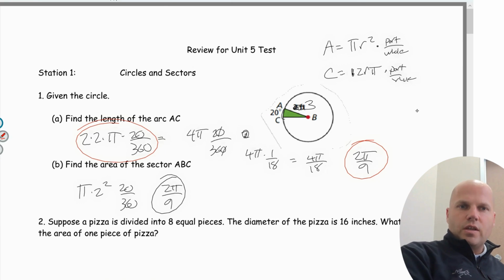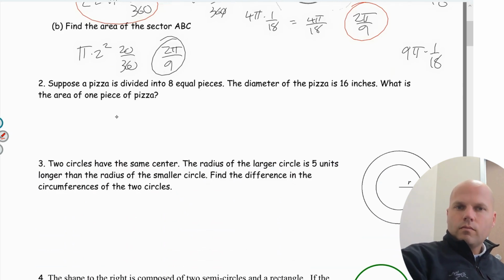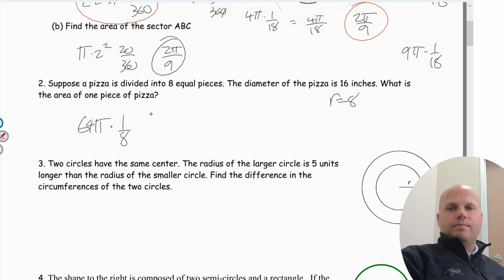If this was 3, it would be 6 pi times 1 over 18 and 9 pi times 1 over 18. The diameter is 16, the radius is 8. We have pi r squared, so r squared pi times 1/8 of the pizza.